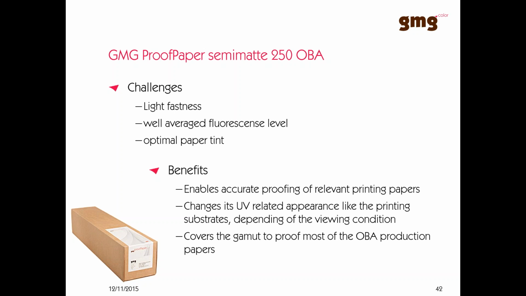So the benefit we see was really that an OBA paper in front of a proofing paper in front of an OBA production paper just enables much more accuracy in proofing.